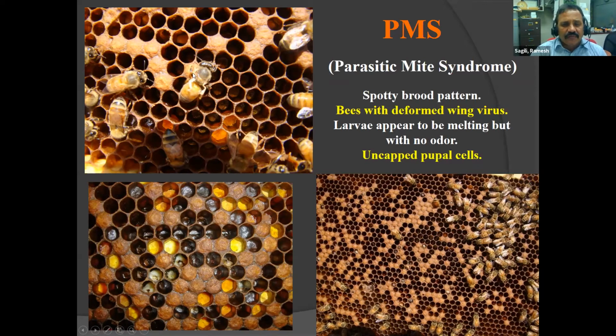Bees will have deformed wings in some cases when the infestation is high, and there is deformed wing virus impacting the bees. There will be larvae or pupal stages that might be visible that have been uncapped. If you see a mix of all these symptoms, that probably is a severe mite infestation in your hives.